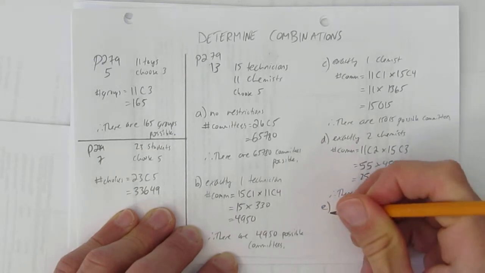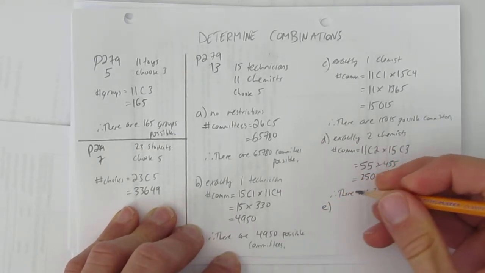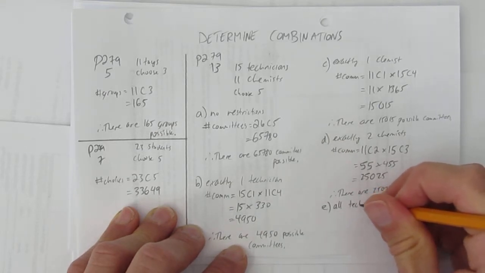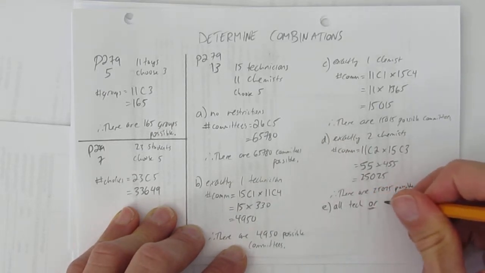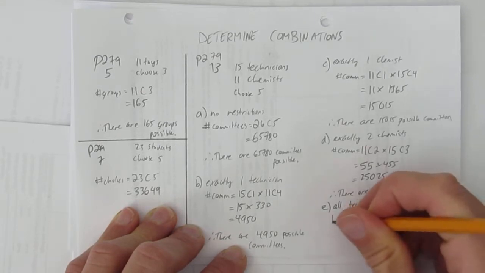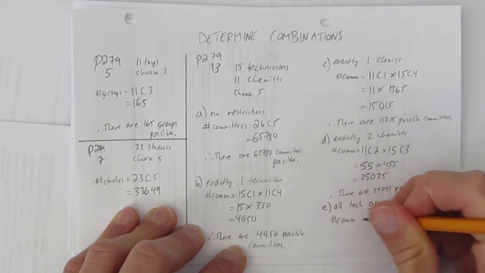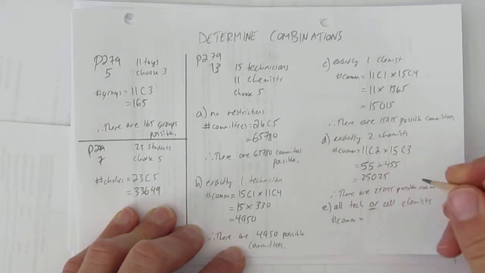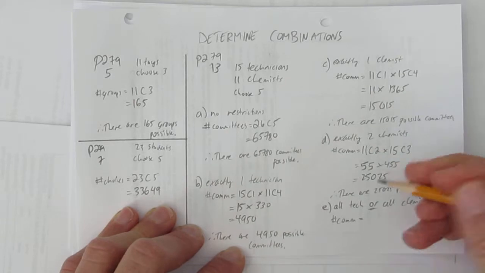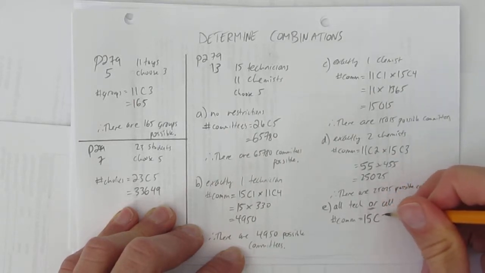Last part, part E. Part E says they can be all technicians or all chemists. That word "or" tells us we're going to add. The number of committees possible in this case can't have a mix. You can either have all technicians, which means take the 15 technicians and choose 5 of them, or, which means plus, the chemists.